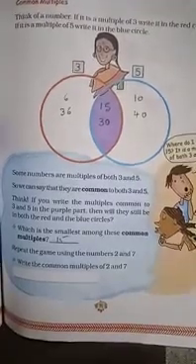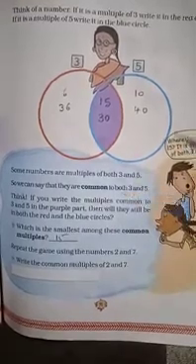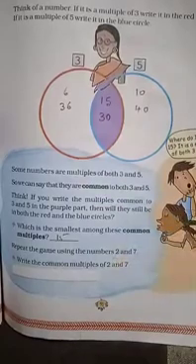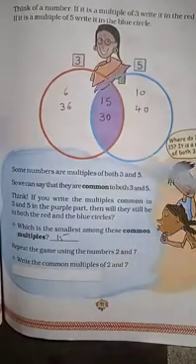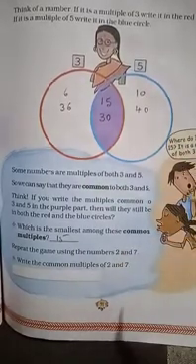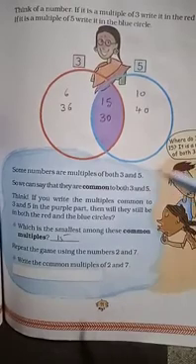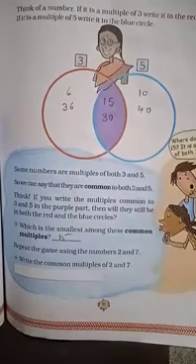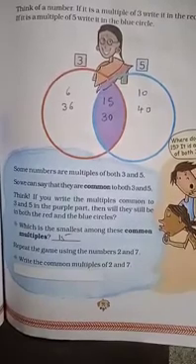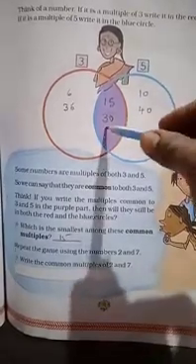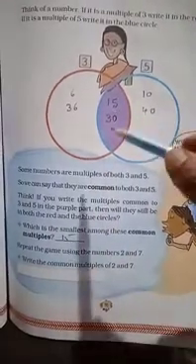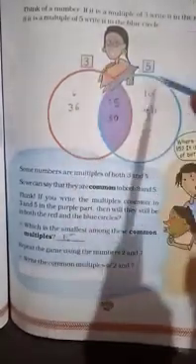So till now, students, we have studied common factors, factors, multiples and individual multiples. Let us find out which numbers coincide with each other, so that both are the same. For example, I'm taking 3 and 5.